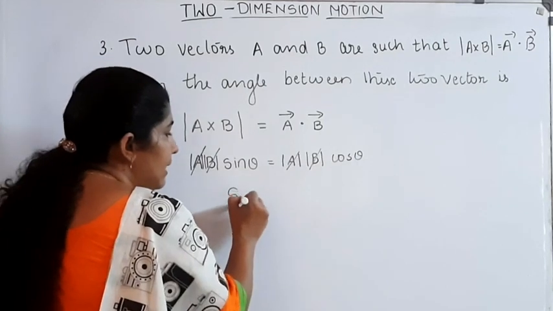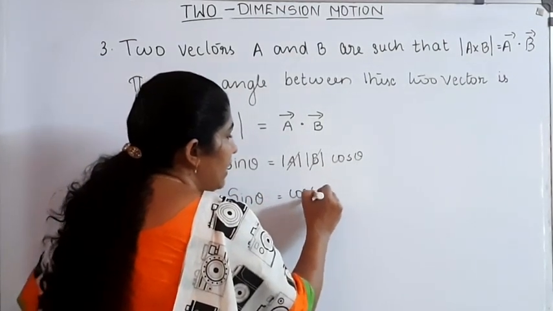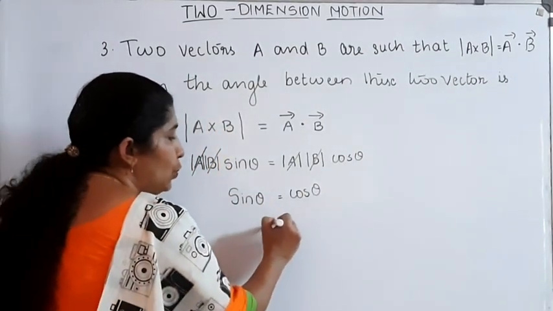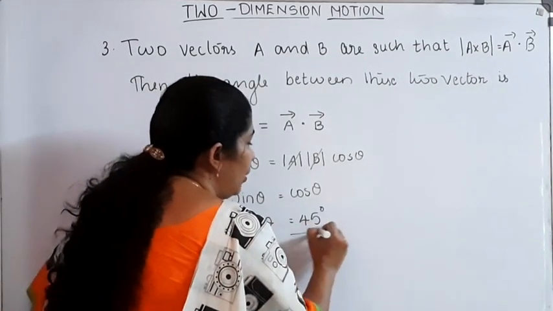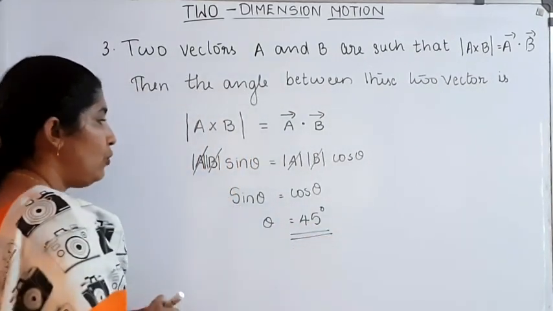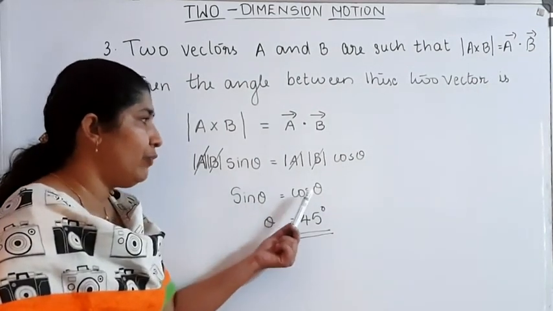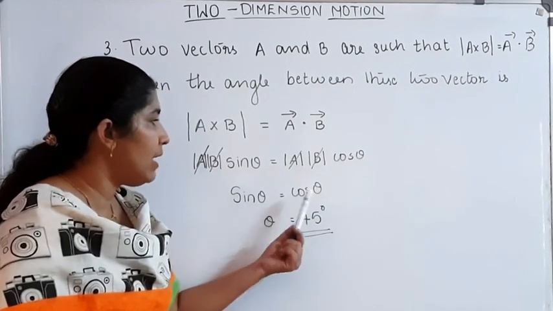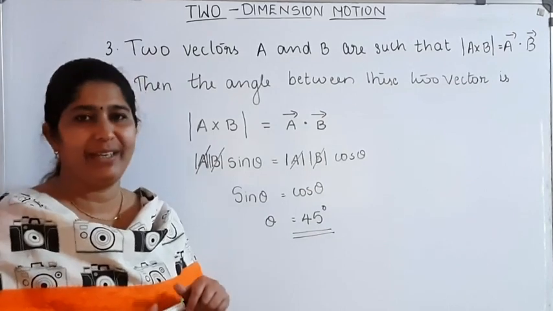Then sin theta equal to cos theta. Sin theta is equal to cos theta when theta is equal to 45 degrees. At 45 degrees, the value of sin 45 is equal to 1 by root 2, cos 45 is equal to 1 by root 2. So, sin theta and cos theta values are equal when theta is equal to 45 degrees.